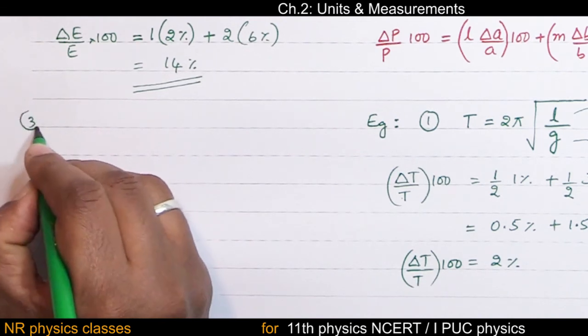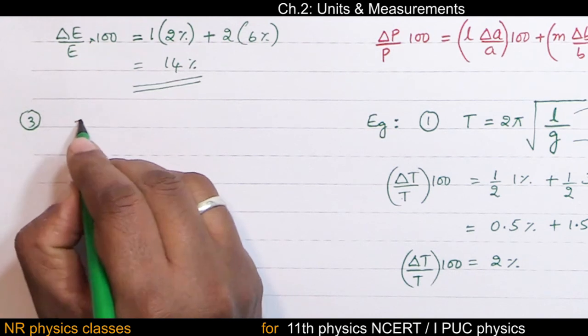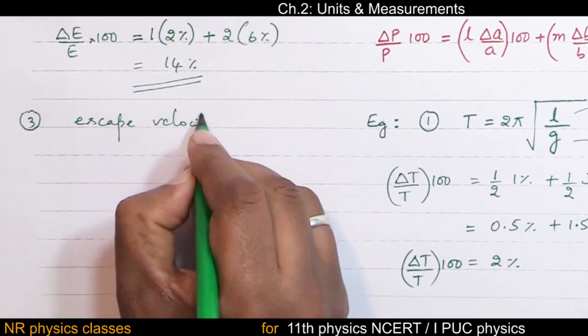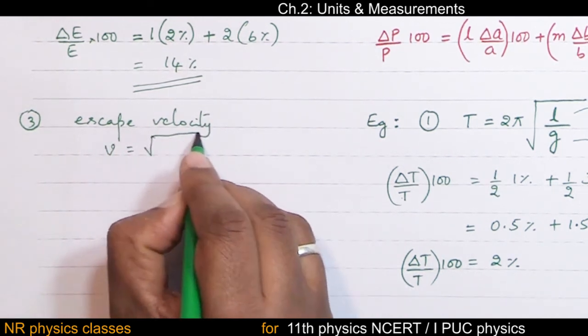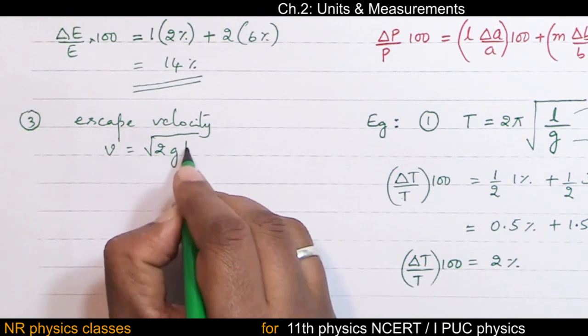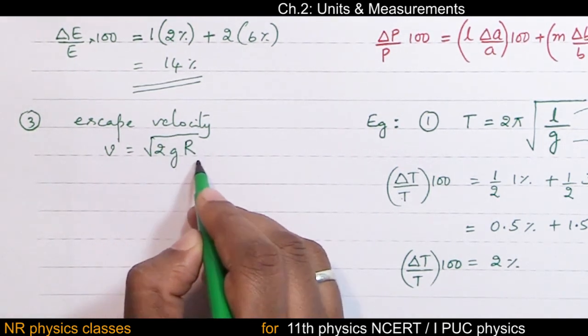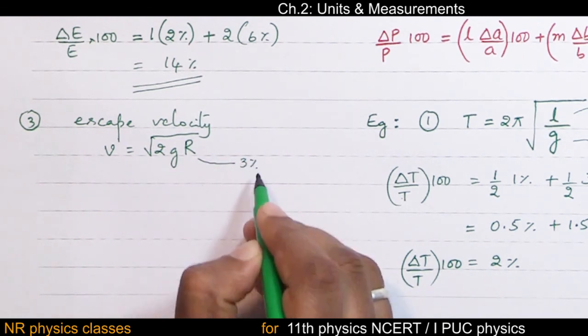Third example, escape velocity. Escape velocity, denoted by V, equal to square root of 2gr. Let me give the error in the measurement of radius as 3%.